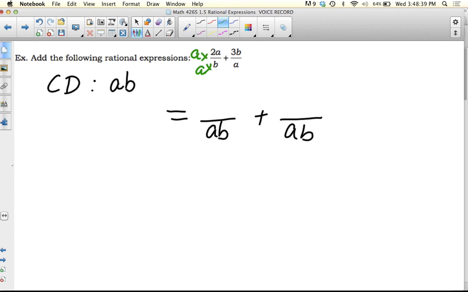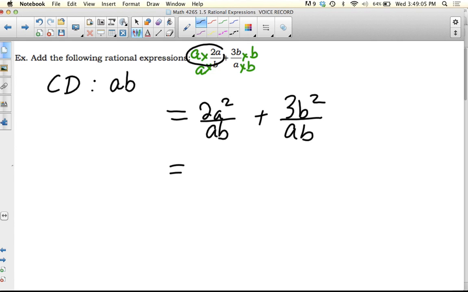And then if you look at the second one, 3b over a, in order for a to get a common denominator of ab, I had to multiply that denominator by b. So also the top by b. Okay? So 2a times a, that's 2a squared. And 3b times b is 3b squared.